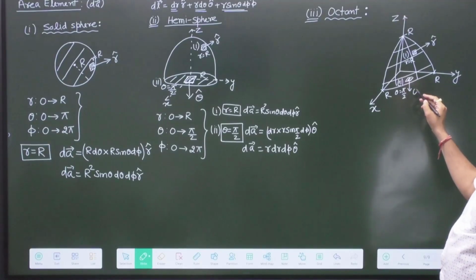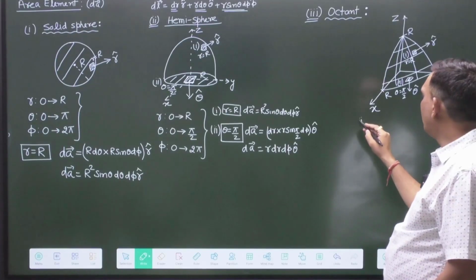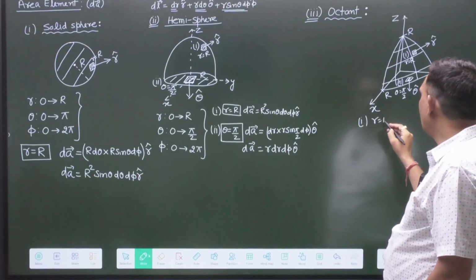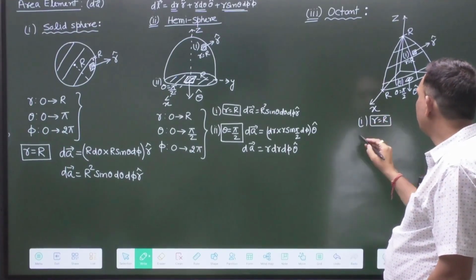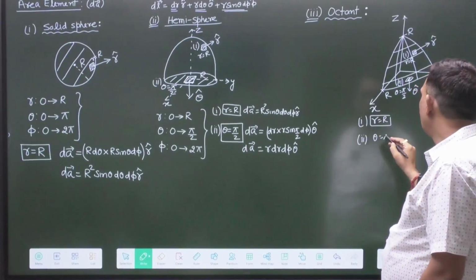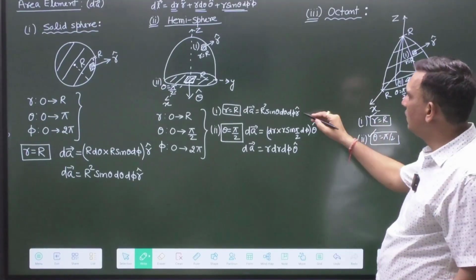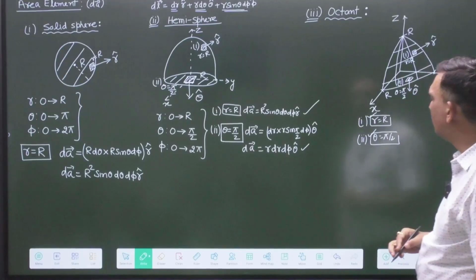This direction is theta cap. So we have already discussed surfaces 1 and 2. In the same way you can write theta pi by 2, so you can easily see what dA will be.